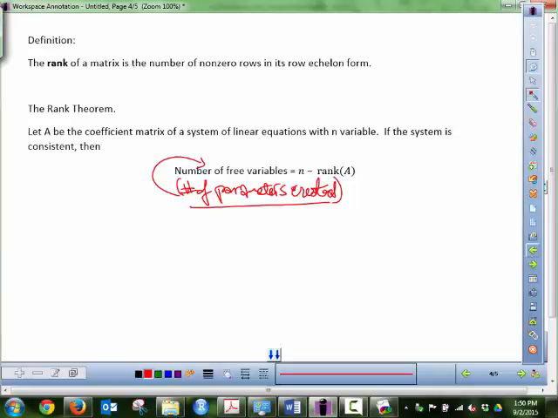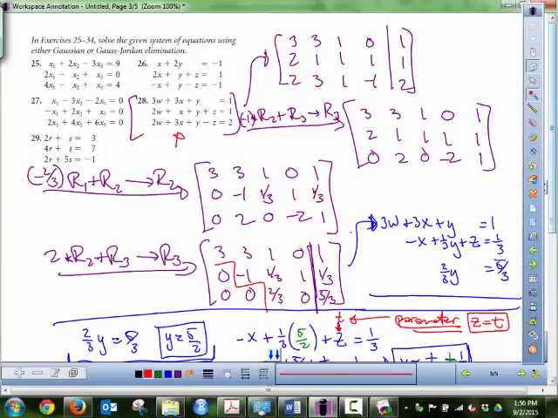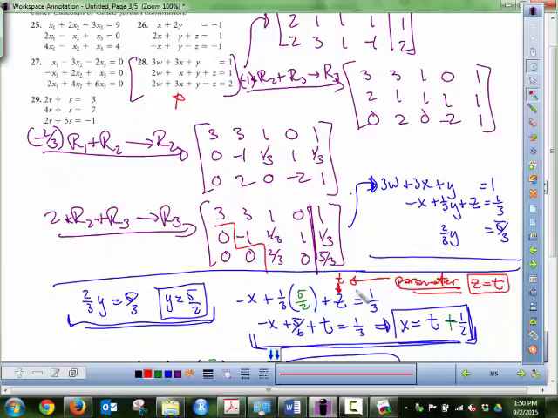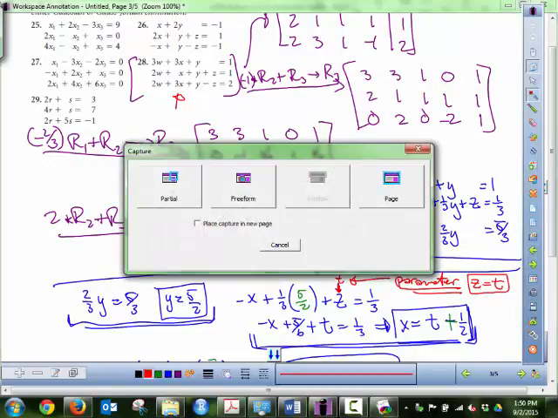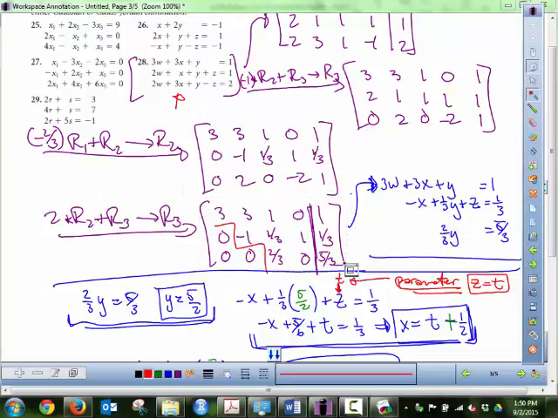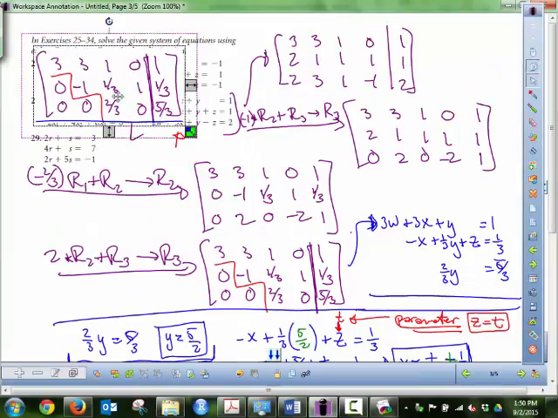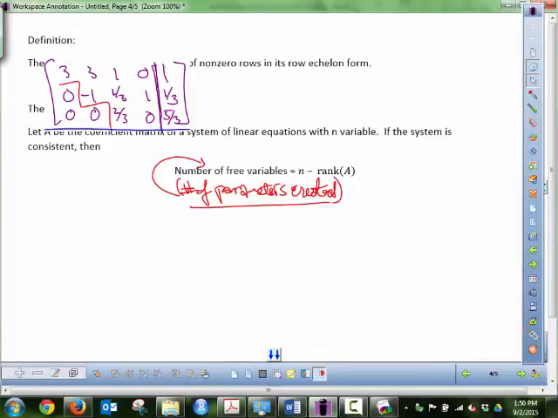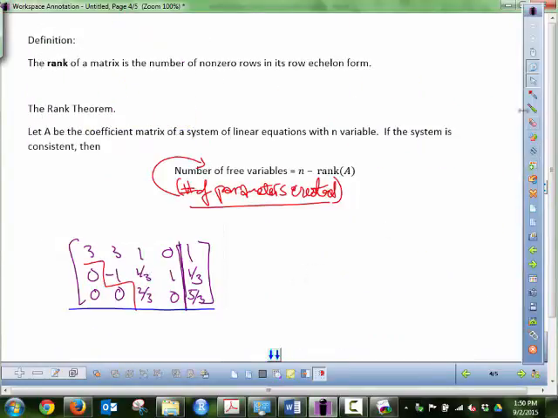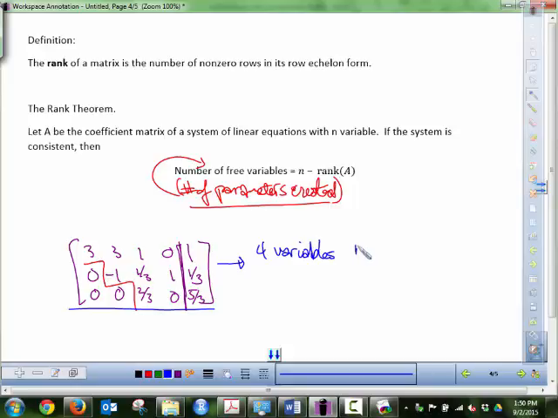But the problem that we just had ended with a matrix that looked like this. So this is our matrix. And if you remember, we had 4 variables. So our n is equal to 4. Our rank is the number of non-zero rows.